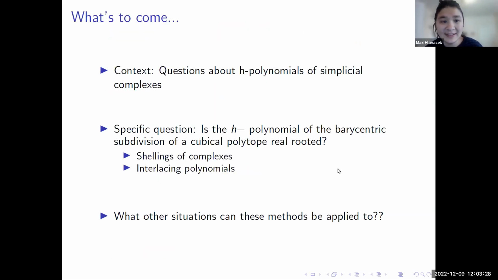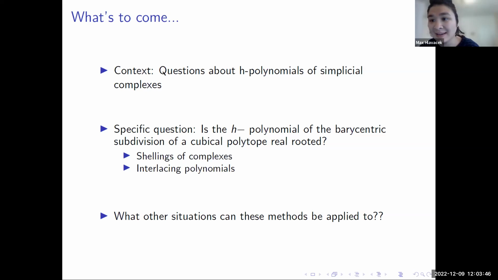So the plan for today is that first we are just going to give some context about what people are doing in the field of computing these specific enumerative polynomials concerning simplicial complexes.